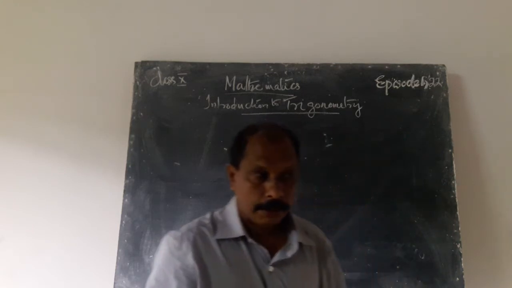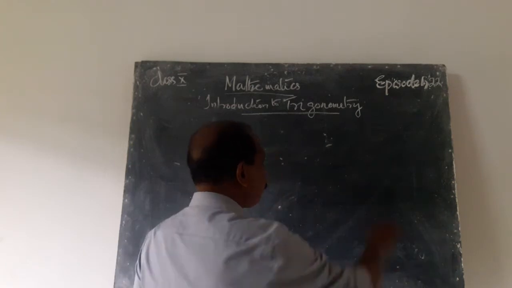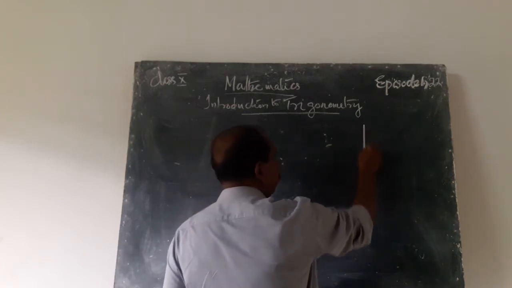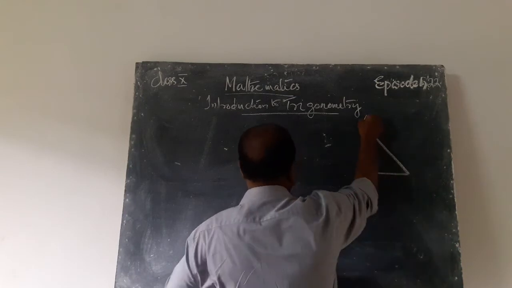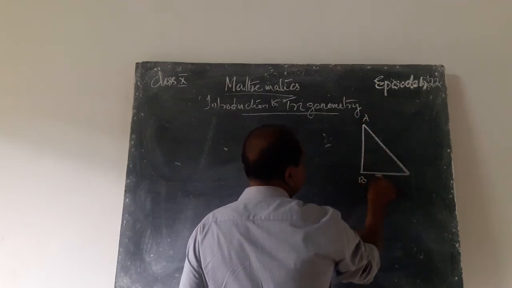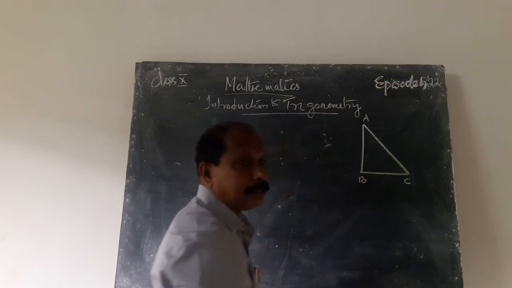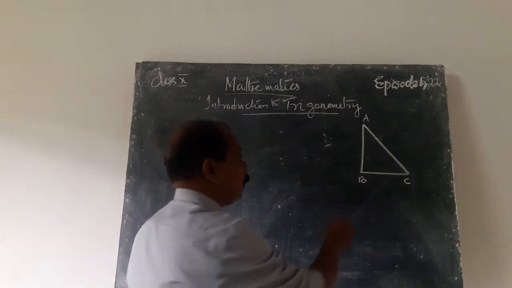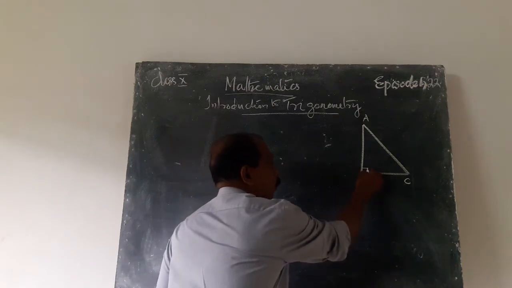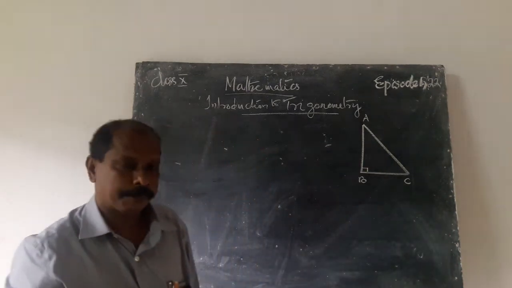Then let us consider a triangle, that is triangle ABC. In this triangle ABC, which angle is 90 degree? Angle B is 90 degree. Therefore the notation for that one is the square, that is 90 degree.